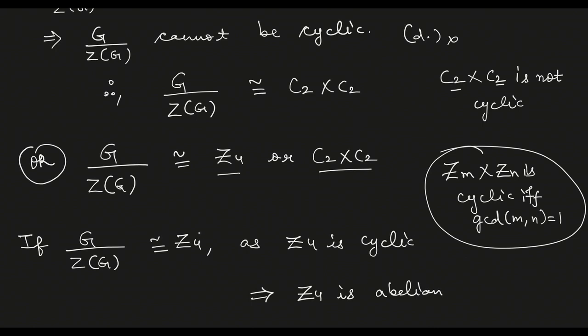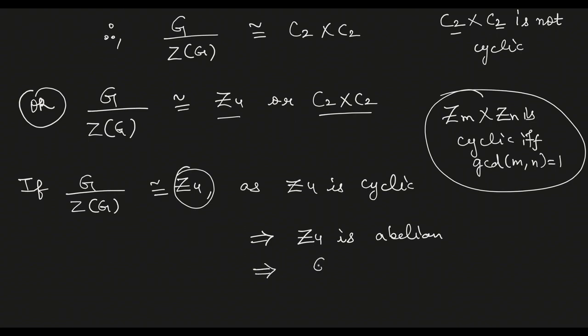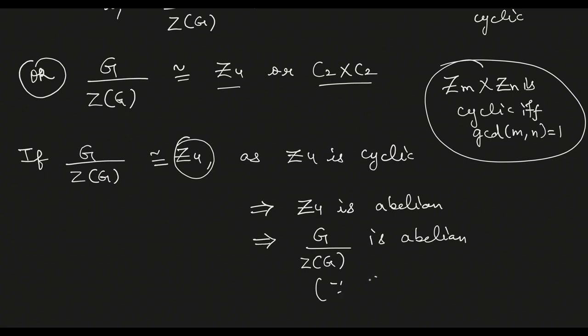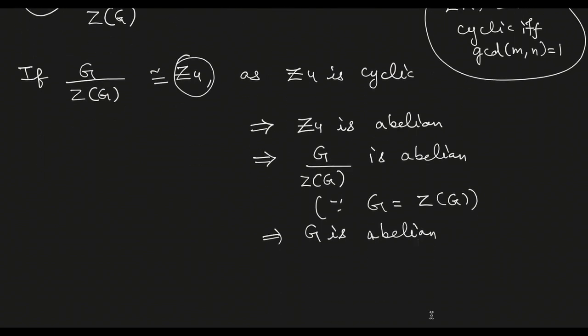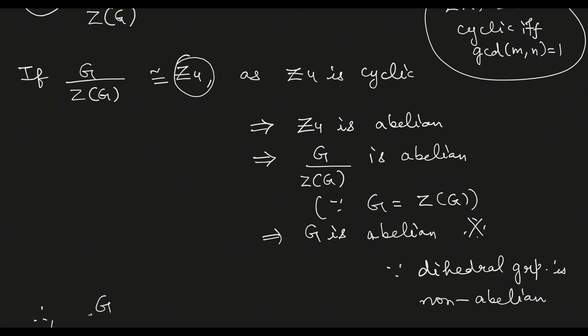So if Z4 is abelian, then it is isomorphic to G by ZG. So G by ZG should be abelian. If G by ZG is abelian, this means that G is abelian, because this means that G is equal to ZG, na? This means G is abelian, which is a contradiction because dihedral group is non-abelian. Therefore, G by ZG is isomorphic to C2 cross C2.